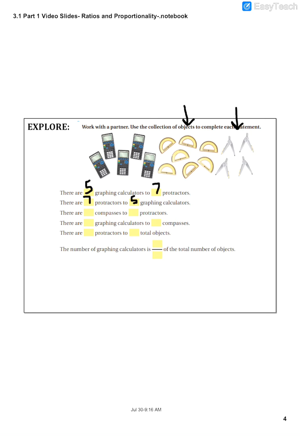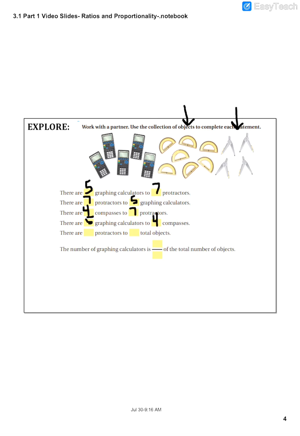These tools over here are compasses. They help you draw circles. So in this problem, we're comparing blank compasses to blank protractors. Well, there are 4 compasses and there are 7 protractors. There are 5 graphing calculators to 4 compasses.